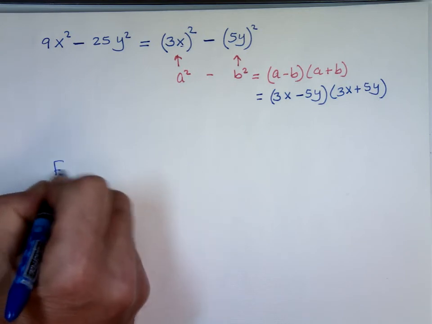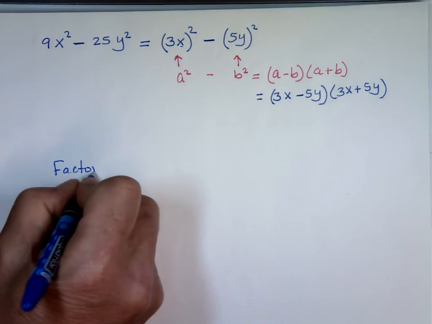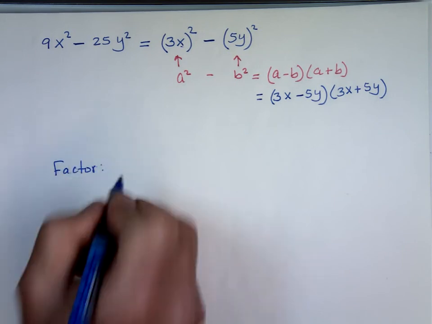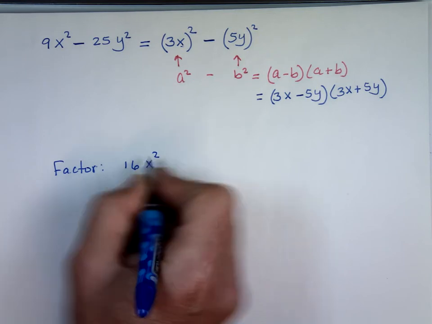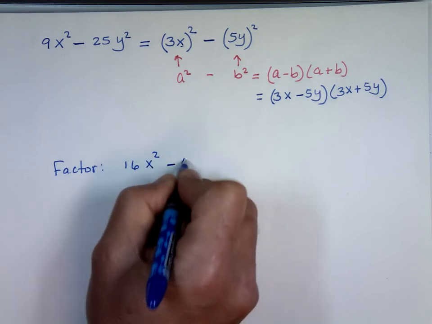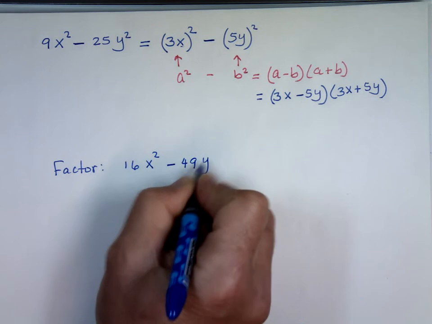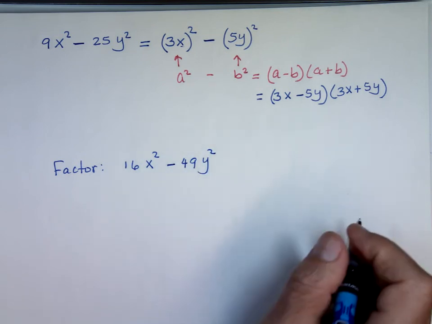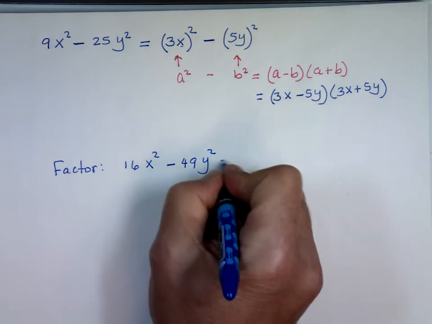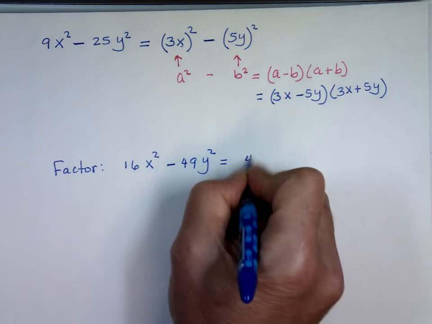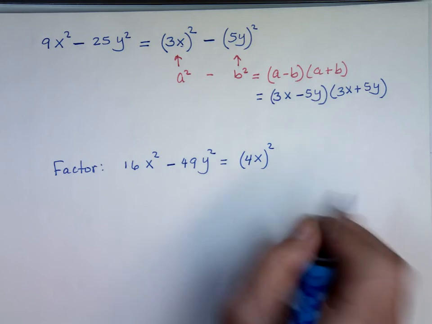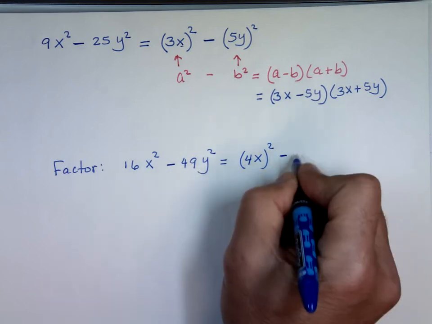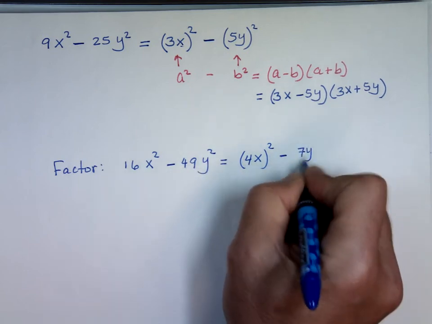Factor 16x squared minus 49y squared. Again, I can write the 16 as 4x, the whole thing squared. 49 is 7 squared, that's 7y, the whole thing squared.